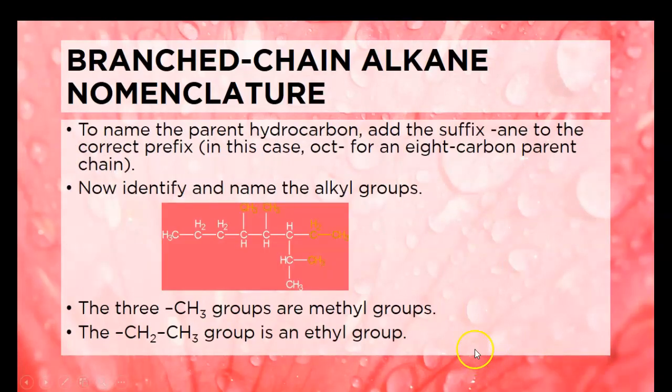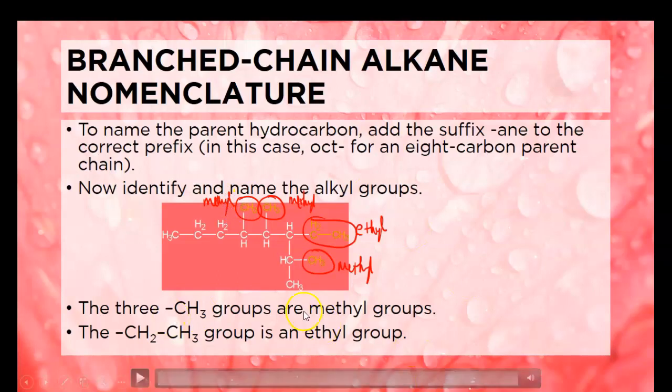But I see here that I have a CH3. That's a methyl. So I have 3 methyls, and I have a CH2CH3, which is an ethyl. So there's an ethyl group, a methyl group, and then two more methyl groups. You see that down there. Three groups are methyl, and that CH2CH3 is an ethyl.